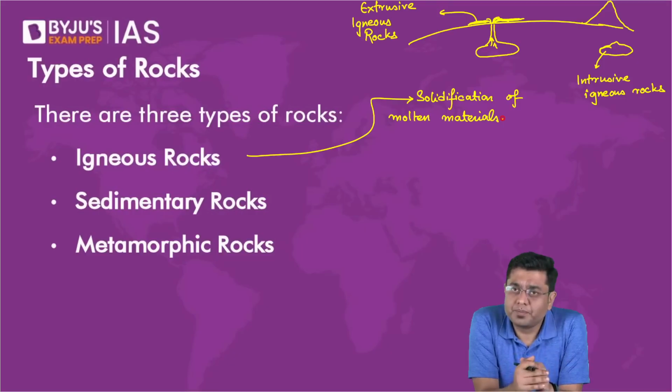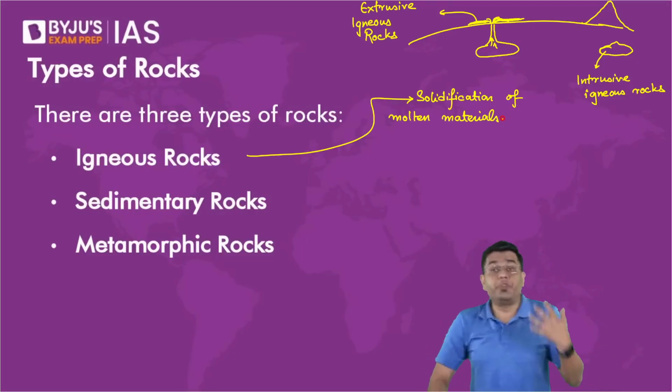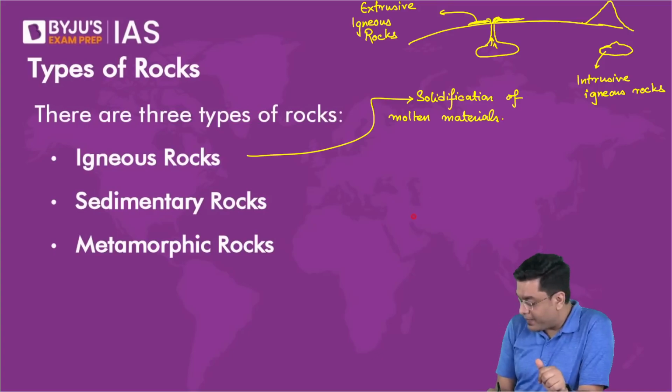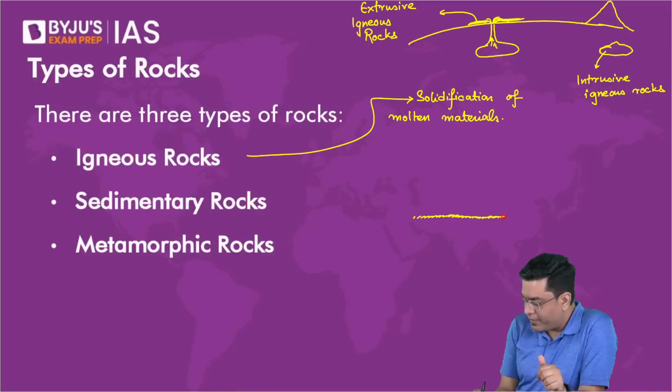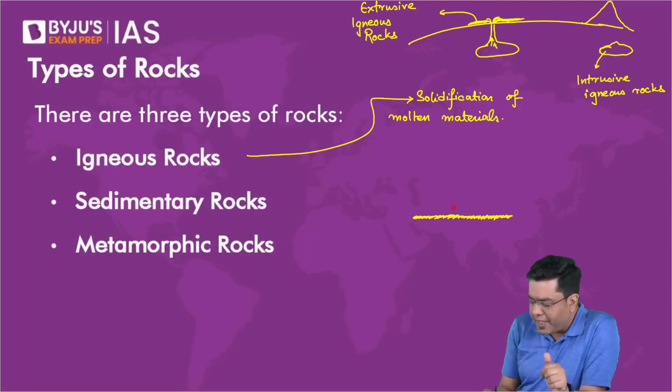Why does that happen? When you have deposits by anything, let's say you have deposits. Now, on top of these deposits, with the passage of time, more deposits will take place, more depositions will happen. Yes, very good, Ananya.